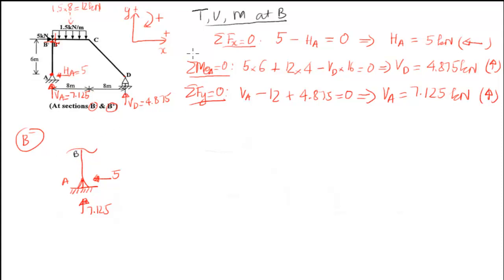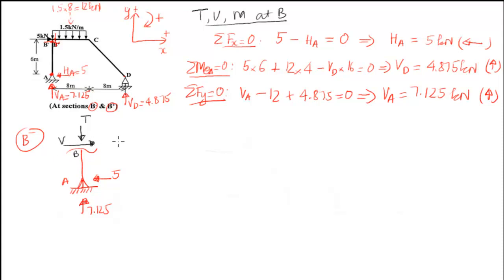Once you cut it, you have to apply TVM to the cut section here. Now this is my way. I put T as the one that always goes through the cut, 90 degrees with the cut, through the section, into the beam here. So I will say T here, and V is the shear force, which goes parallel to the cut here.